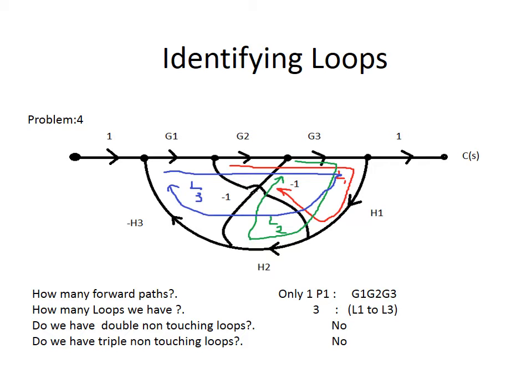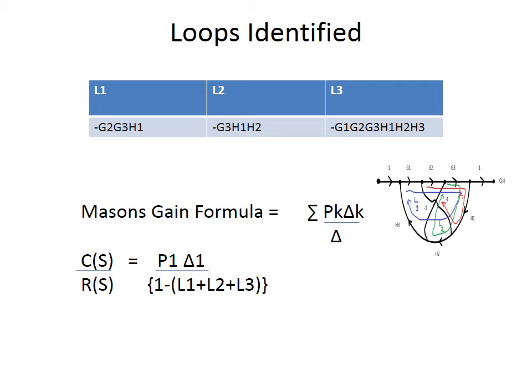Similarly, we have a triple set of non-touching loops. Yes, a single triple set we do have, which is minus G1 H1, minus G3 H3, then minus G5 H5. This is the set of triple non-touching loops that are formed. That is what is represented over there in the form of a tabular column for easier understanding.